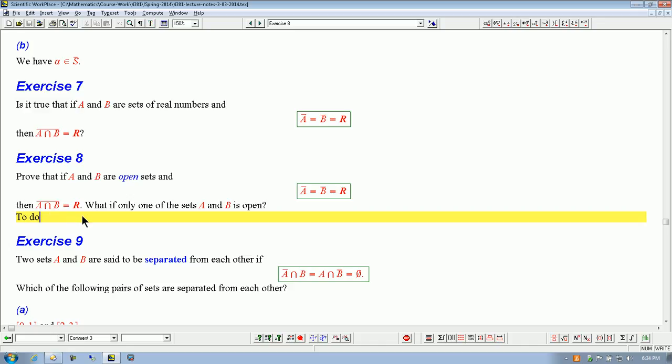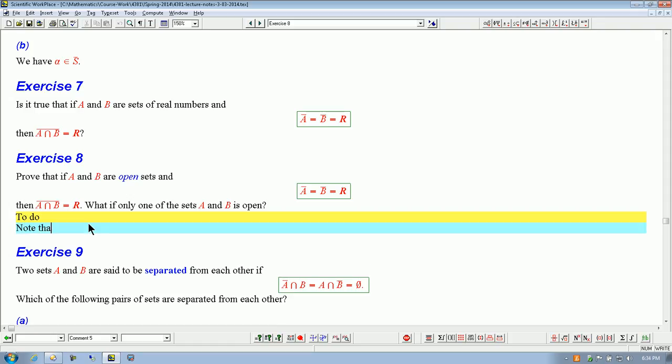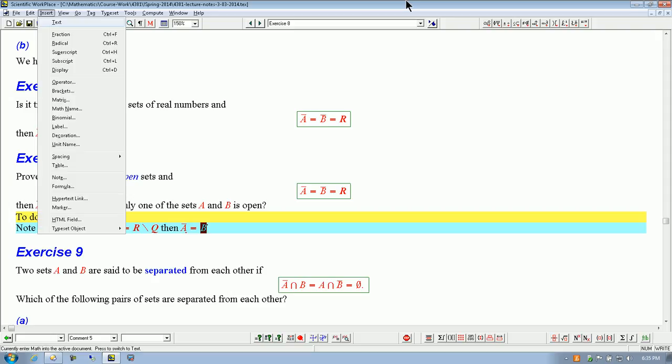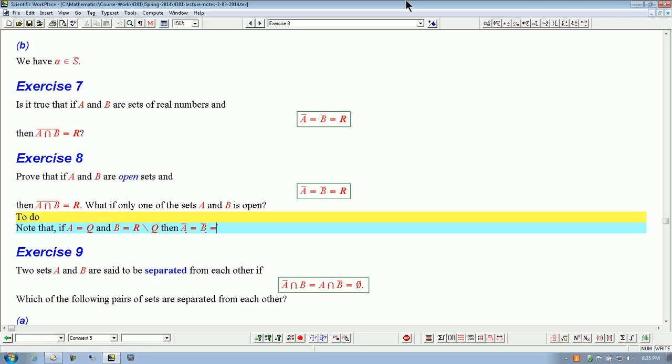And I want to talk about this problem, and the first thing I want to say in a different color is note that if you take A to be the set of all rational numbers and B to be the set of all irrational numbers, then A bar and B bar, the closure of A and the closure of B, are both equal to the whole number line.